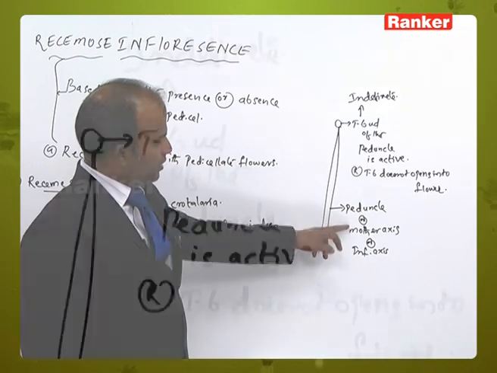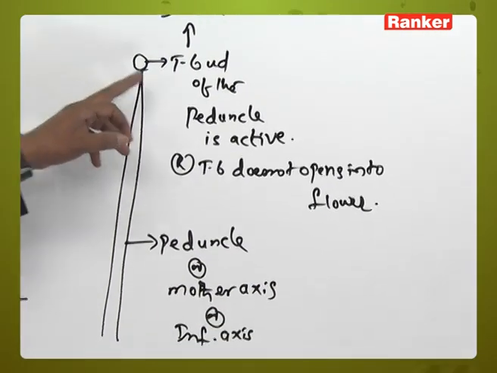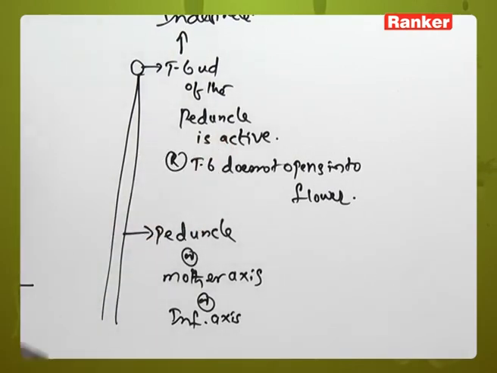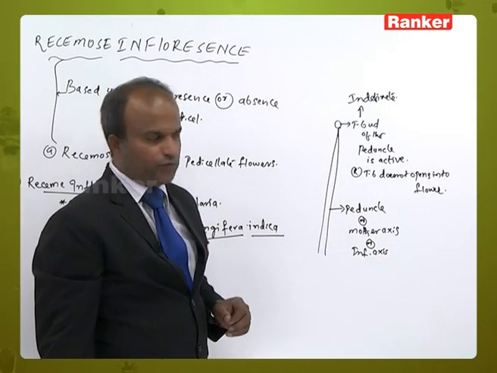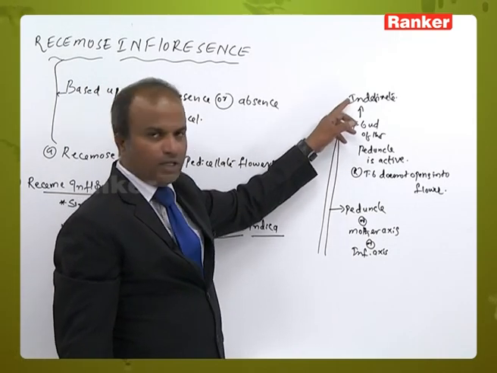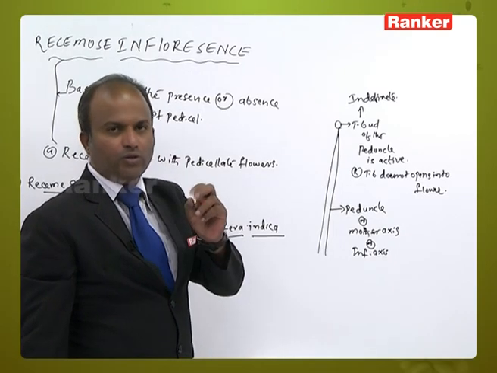Think this is the peduncle, or mother axis, or inflorescence axis. The terminal bud of the peduncle is active, because it does not open into a flower, so it shows indefinite growth.